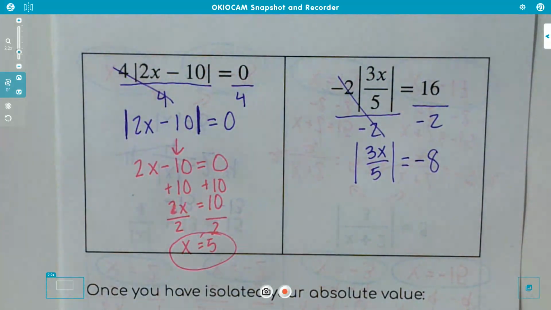Is distance allowed to be negative? No. Absolute values are telling you your distance from 0. Is there any number on my number line that is negative 8 from 0? No, because 8 is 8 away and negative 8 is 8 away. So absolute value cannot equal a negative.